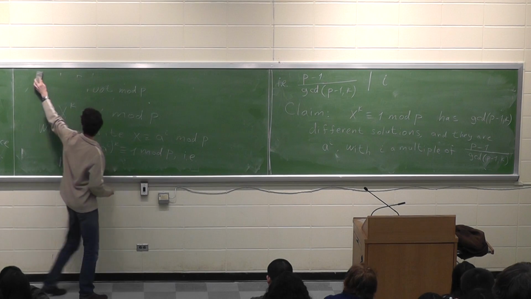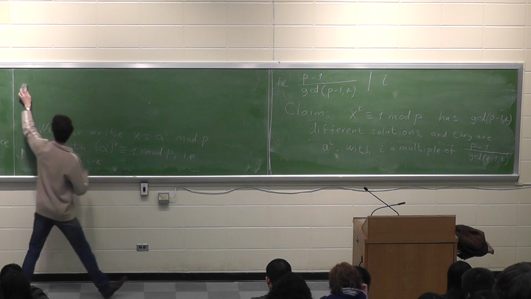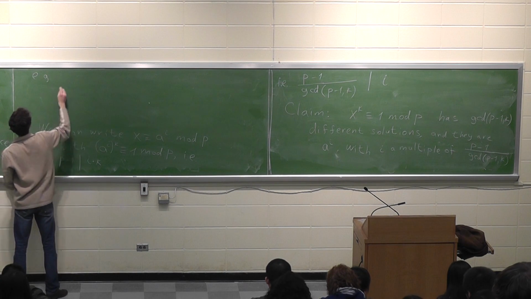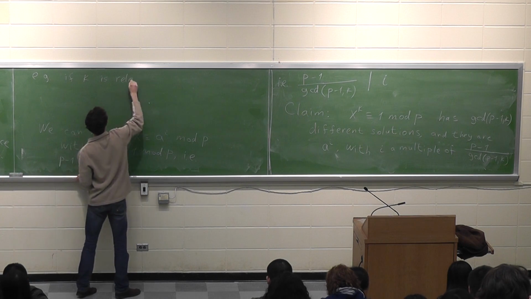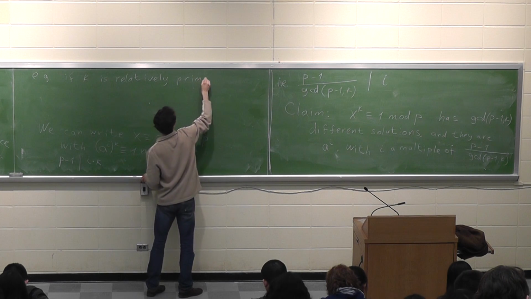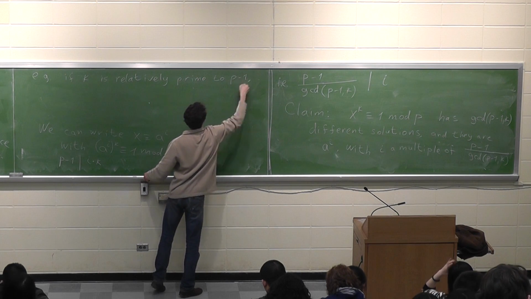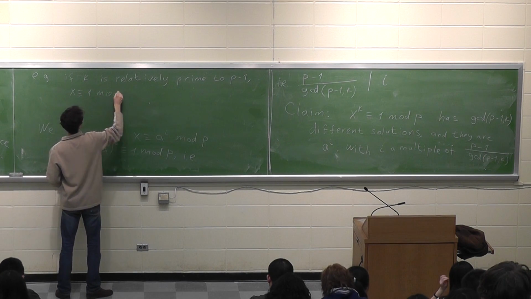So let me write this remark about particular cases. For example, if k is relatively prime to p minus 1, x equal to 1 is the only solution.